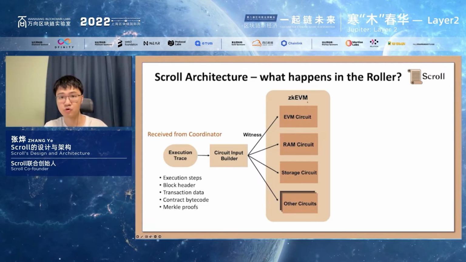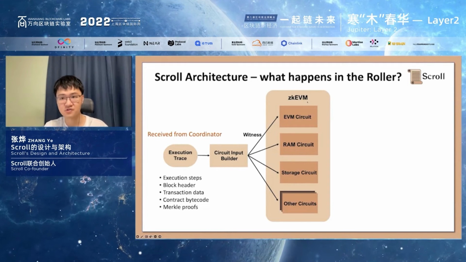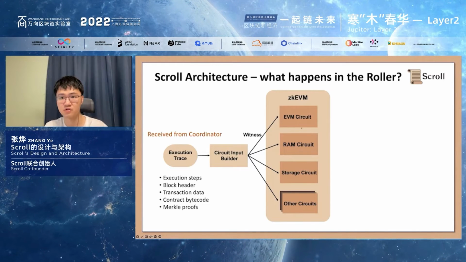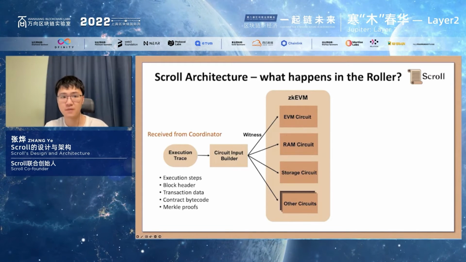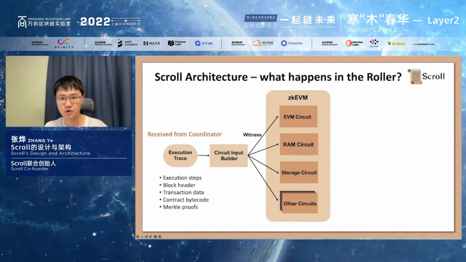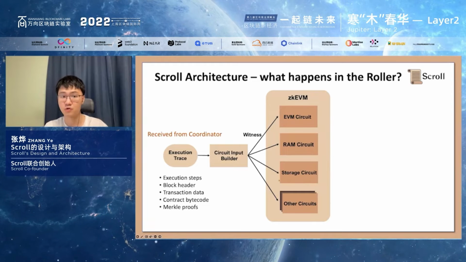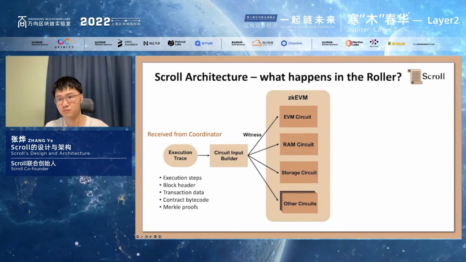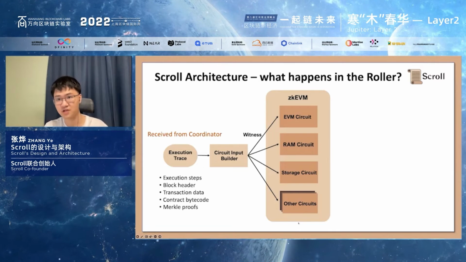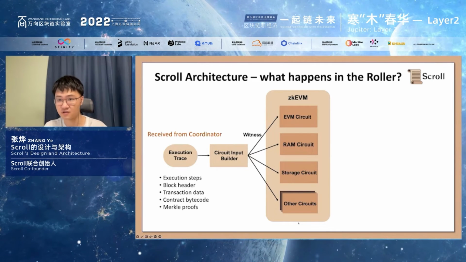So ZK is composed of multiple circuits. Each circuit is used for one special purpose. For example, the EVM circuit is used for state transition. The RAM circuit is used for push, pop, those stack-based operations, and some memory operations. The storage circuit is for the whole storage read and write. Other circuits, for example, the ECDSA circuit for signatures, and others.